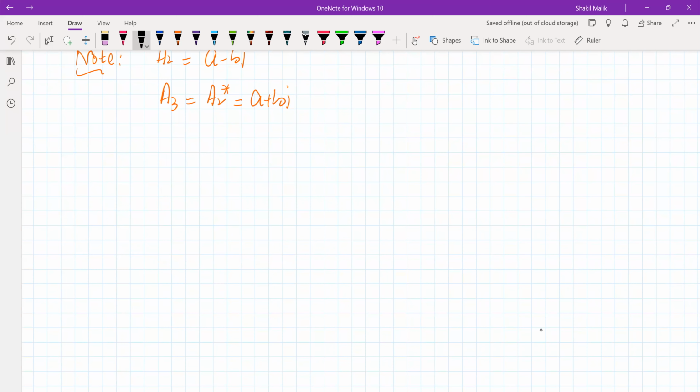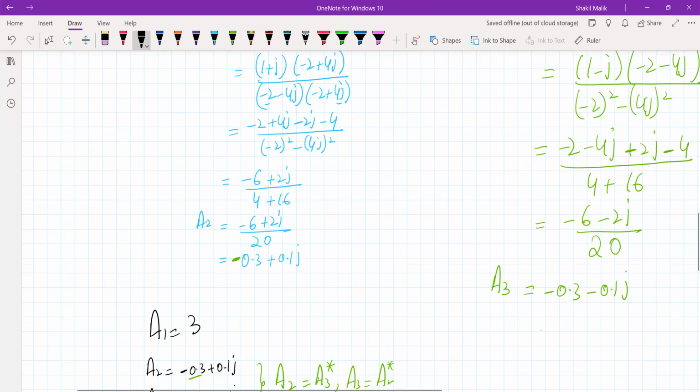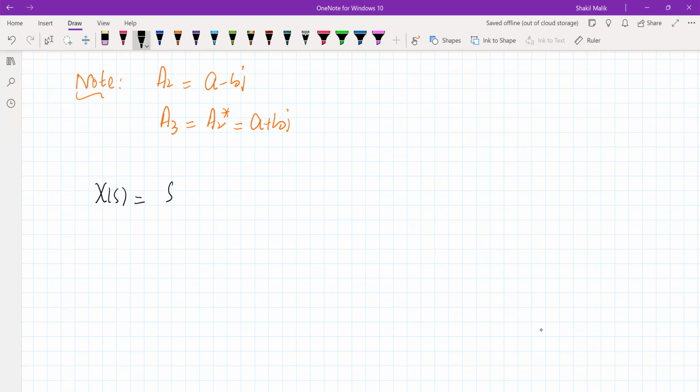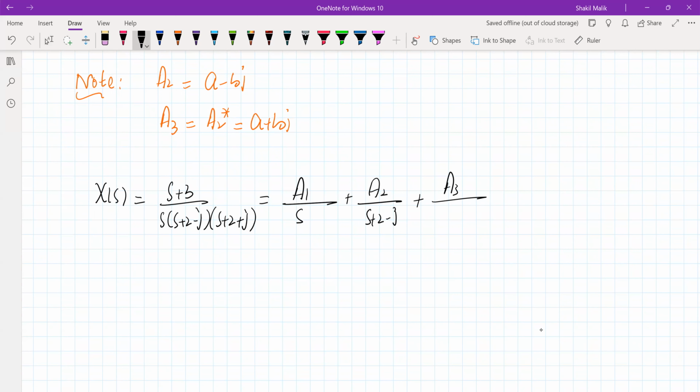So now our X of s, which is equal to what was the expression, if I remember it correctly, s plus 3 divided by s into s plus 2 minus j, s plus 2 plus j, which we expressed as A1 by s plus A2 by s plus 2 minus j plus A3 by s plus 2 plus j.